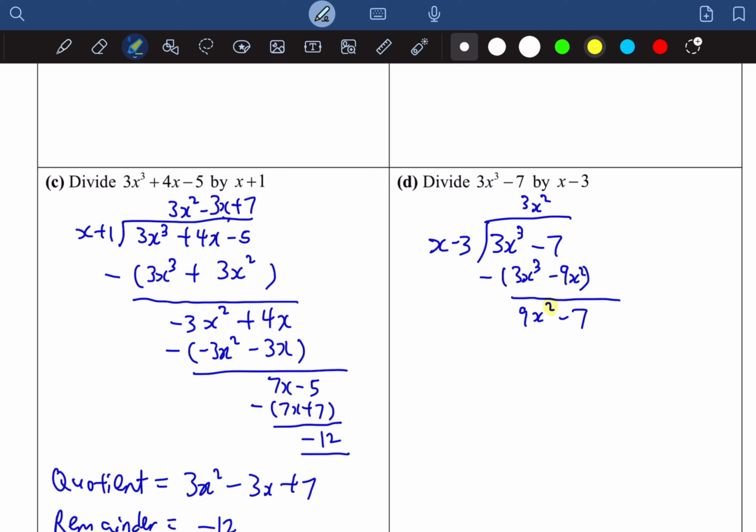So we have to continue with the long division. So with this, I want to remove 9x squared, so I must have a plus 9x. So 9x times x minus 3, I have 9x squared. 9x times negative 3, I have negative 27x.